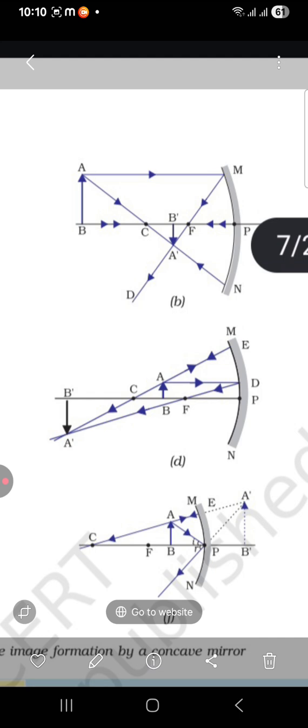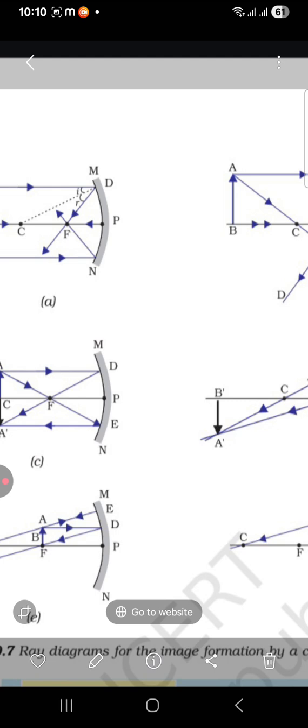So this is the only case in which virtual, erect and magnified image is formed. Right? In all other 5 cases of concave mirror, real image is formed. So if someone asks you in examination that type of image in case of concave mirror depends on which factor? That is position of the object.